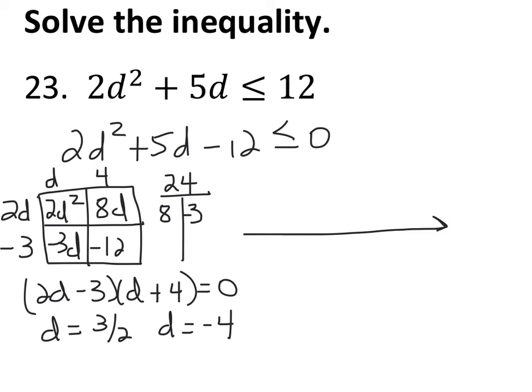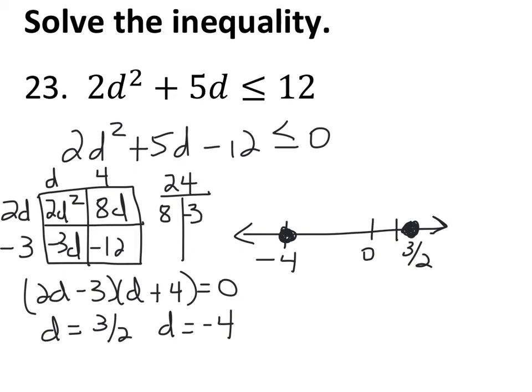Now I'm going to draw a number line so I can put in my critical points, -4 and 3/2. I'm going to put a 0 in here, and I'm going to put my 3/2 about right there. And since it's less than or equal to, I know that these are going to be solid dots.